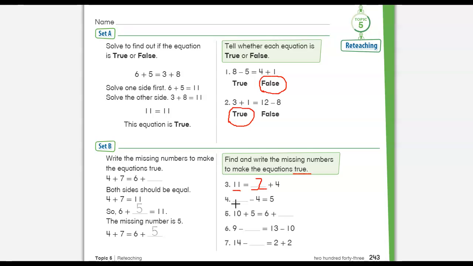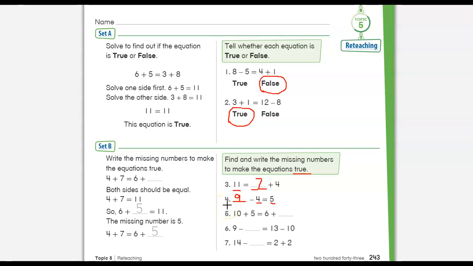All right, number 4 could have been a little bit tricky, so I gave you the hint. If you add together your two numbers that you have, it would give us our total number. So our missing number on number 4 was 9. 9 minus 4 is equal to 5.